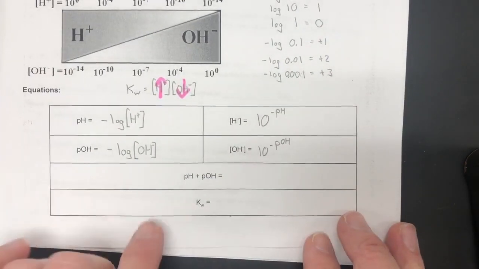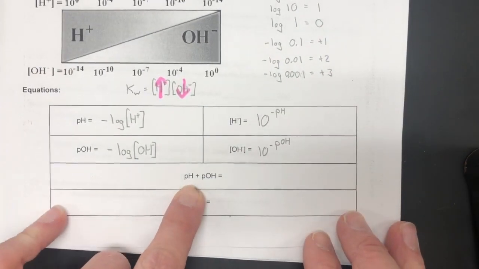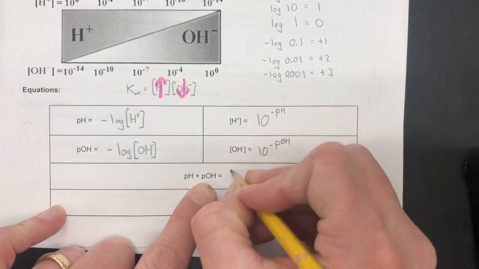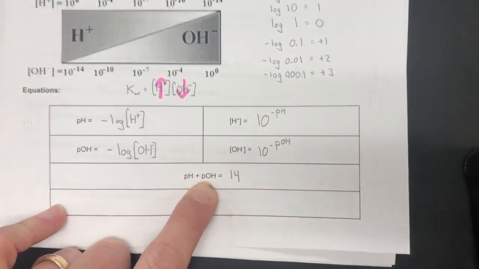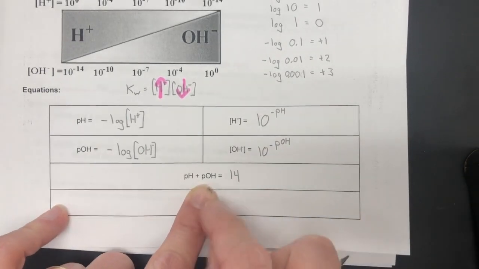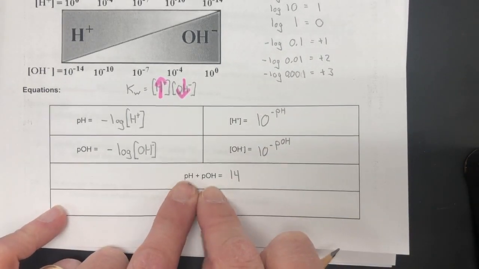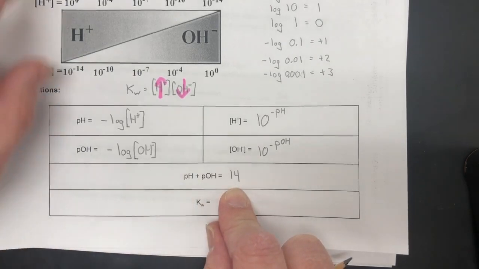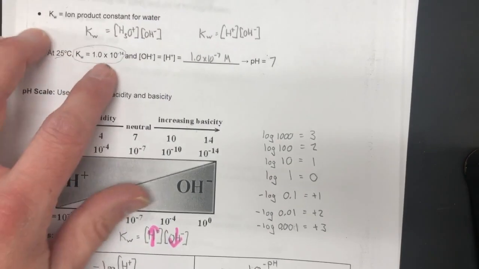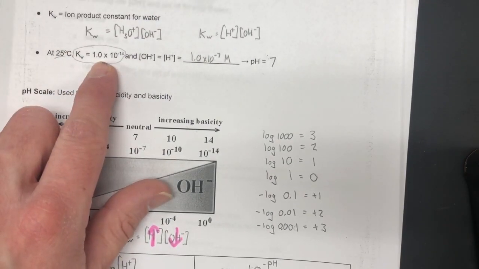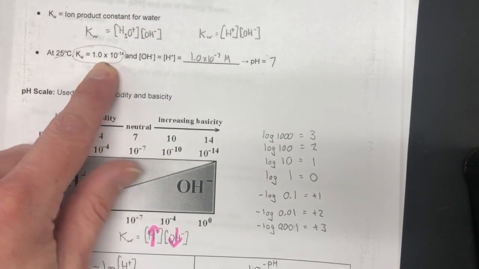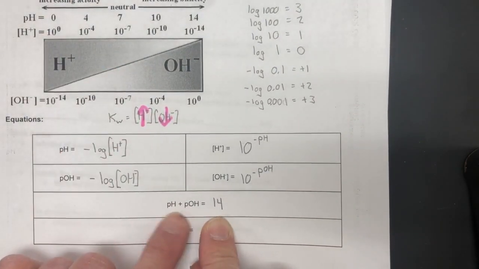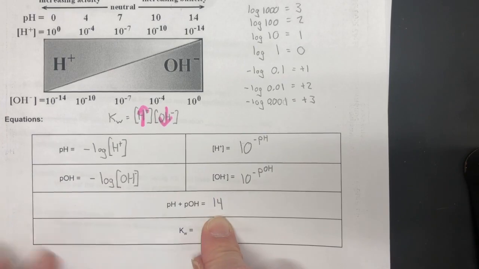Another relationship that's worth noting right here is that pH plus pOH is always equal to 14. That's sort of the magic number, 14. And it actually comes back to that Kw. Since Kw is always 1 times 10 to the minus 14th at 25 degrees Celsius, pH plus pOH is always equal to 14.